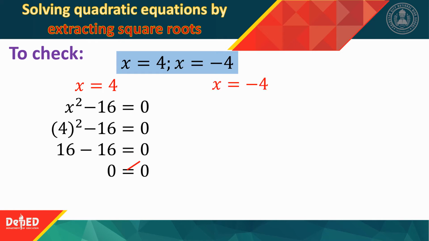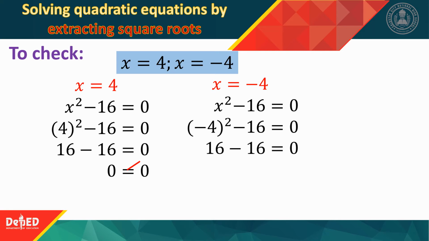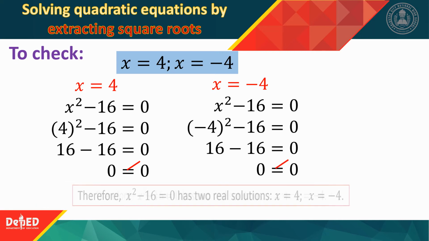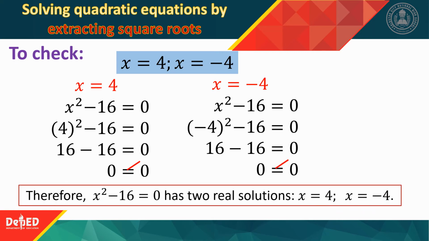For x is equal to negative 4, substitute again: negative 4 squared minus 16 is equal to 0. So 16 minus 16 is equal to 0. So 0 is equal to 0. Therefore, x squared minus 16 is equal to 0 has two real solutions: x is equal to 4 and x is equal to negative 4.